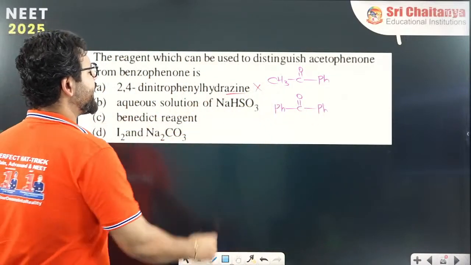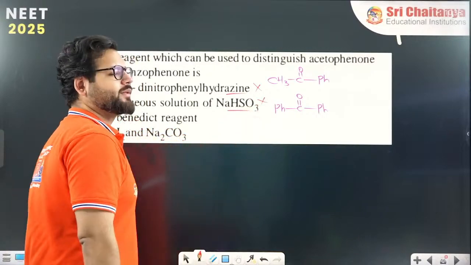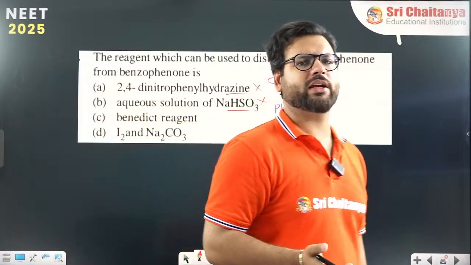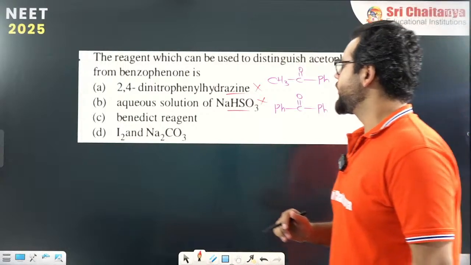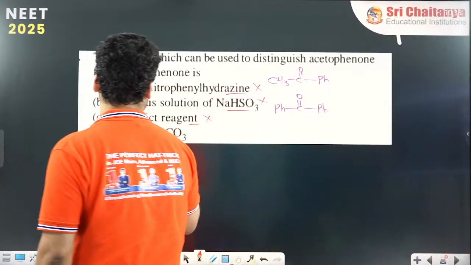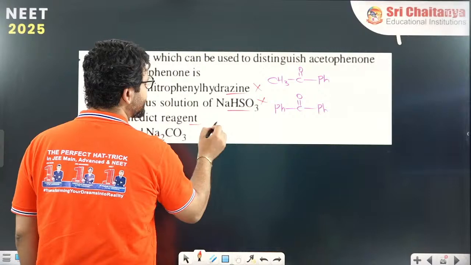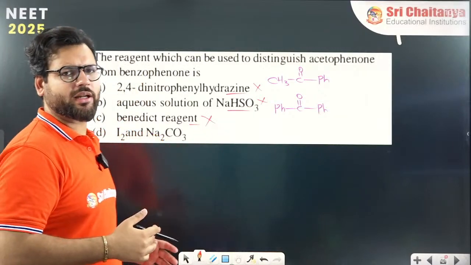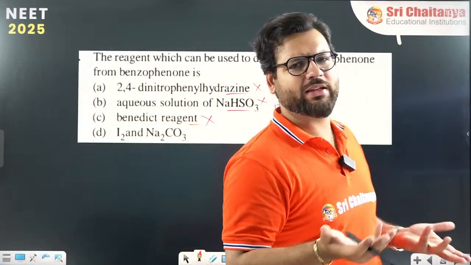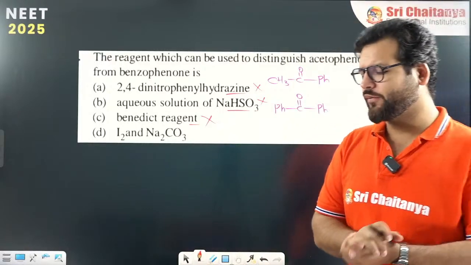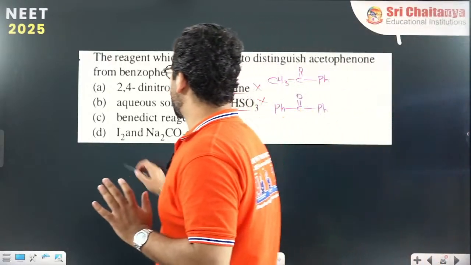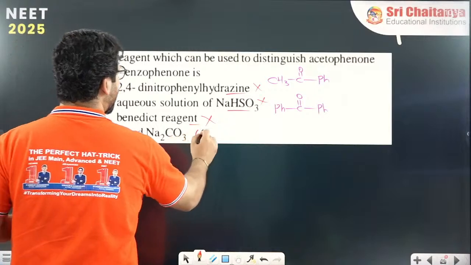Sodium hydrogen sulfide, this is a test given by aldehydes, meaning aldehydes give this reaction but ketones do not. Benedict reagent will not give the test for either, because Benedict reagent is the same as Fehling's reagent, so it gives the test only for aliphatic aldehydes. This is the iodoform test, so yes, iodoform will work.